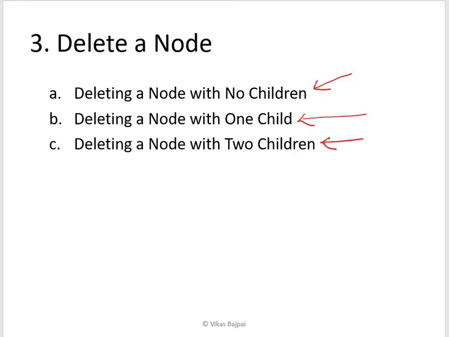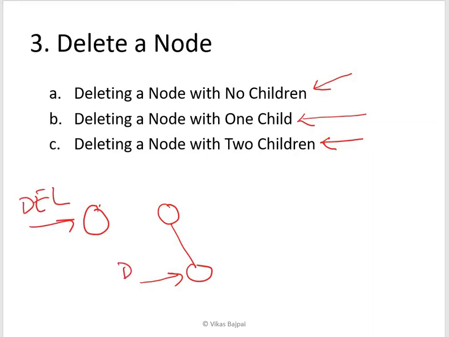That means I may come across a situation where I have something like this and I have to delete it. I may come across a situation where I have something like this, then I have to delete this, and that means here, in this I have to delete this. Then I may come across a situation where I have to delete this particular portion, right?